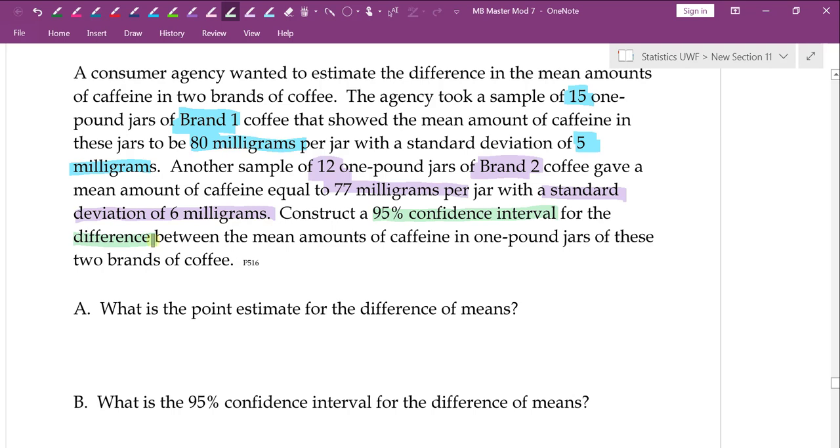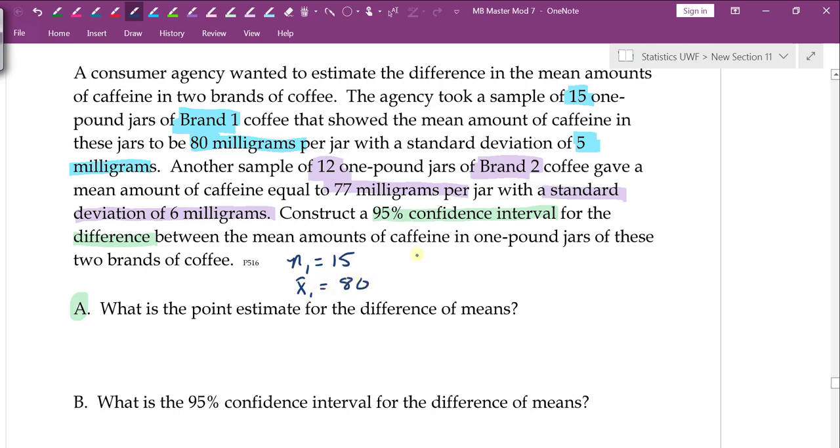Okay, it says first off, what is our point estimate? Remember, our point estimate is simply going to be x bar 1 minus x bar 2. Let's go ahead and write down our summary information though. We know that our sample size for population 1, brand 1, was equal to 15. We got that right here. And then we know that our x bar for sample 1 was 80, so x bar 1 is equal to 80.